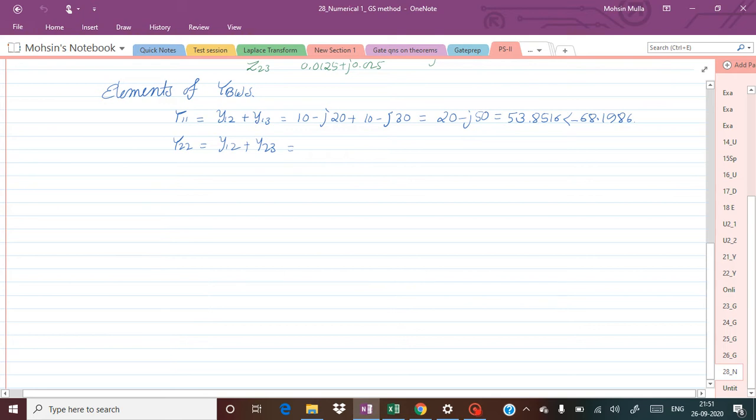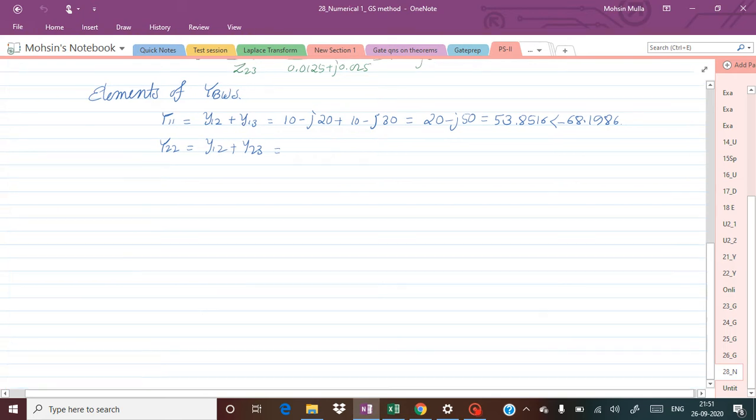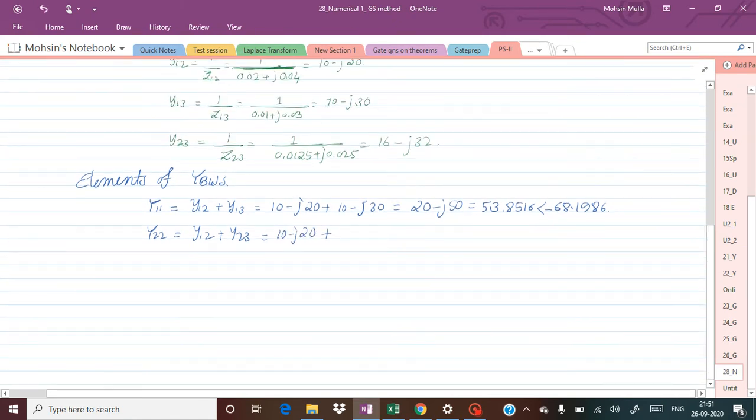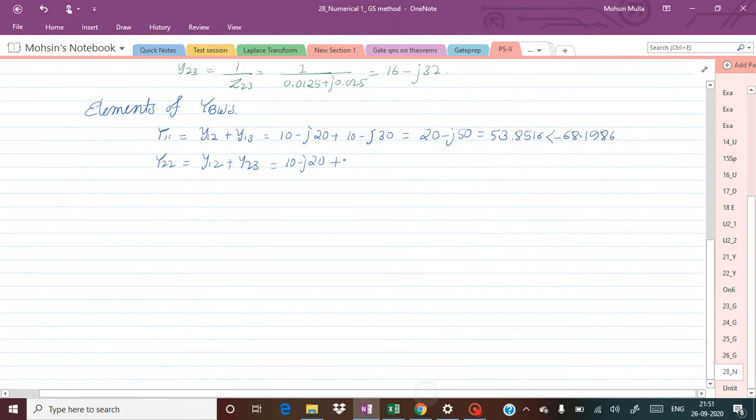Substituting the admittances obtained earlier, y12 is 10 minus j20 and y23 is 16 minus j32.